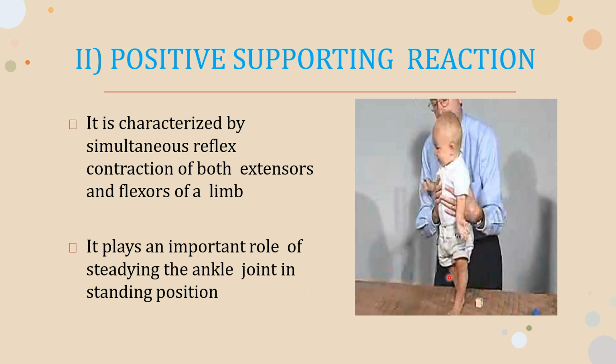You can see the infant: when the foot touches a surface, it will immediately take the support of the table and support the body on these limbs. So the limbs will be like rigid pillars, and they support the body, and the baby stands.